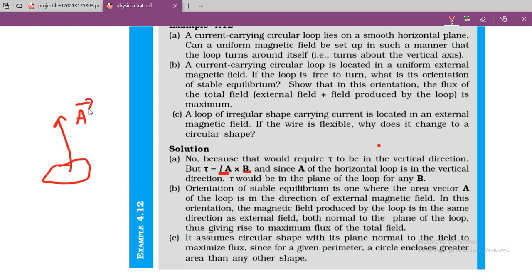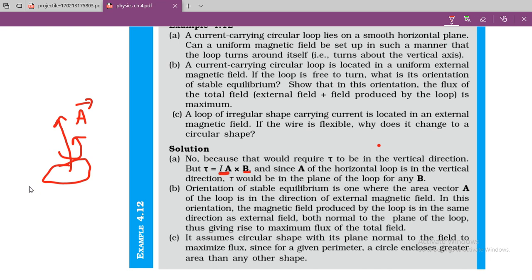Now you can see, can a uniform magnetic field be set up in such a manner that the loop turns around itself, it means about the vertical axis. It means we are talking about this axis in the direction of the area vector. So in this case the torque should be in the same direction as the rotation.